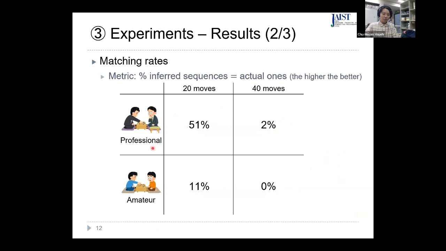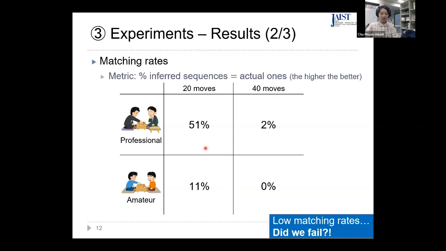In the case of professional games with 20 moves, 51 out of 100 games exactly match the actual games. When the sequence became longer, the results got worse, and the result was even worse for amateur games. Overall, the matching rate looks low.